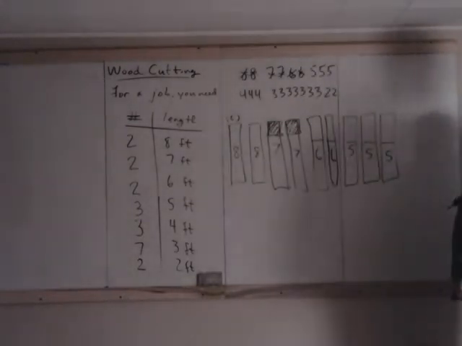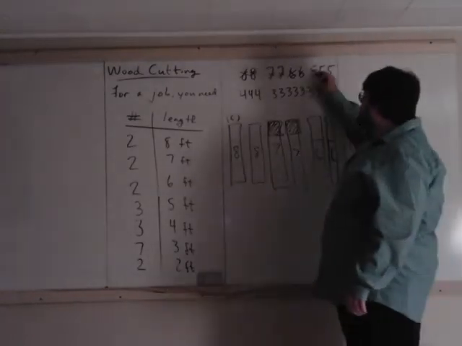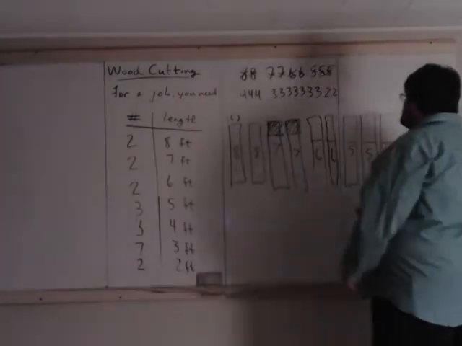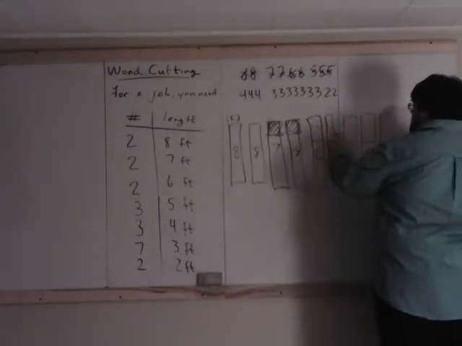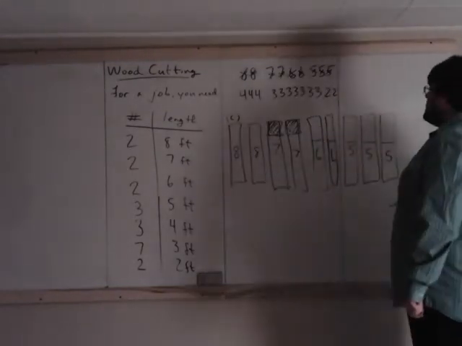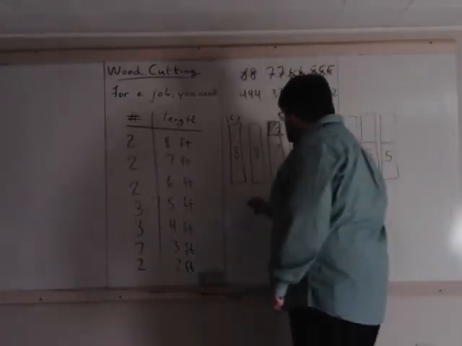Well, okay. Now we have 3 4s. 4s can't fit on these. Remember, these are 8-foot boards. So we have 2 feet left here, and we have 3 feet left here. So we need to create 3 new boards for the 4-foot pieces.